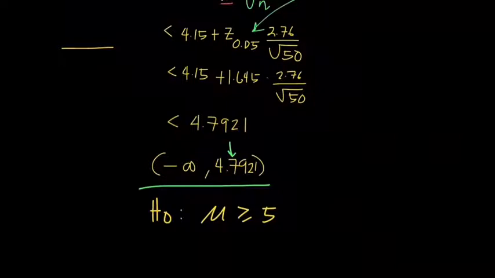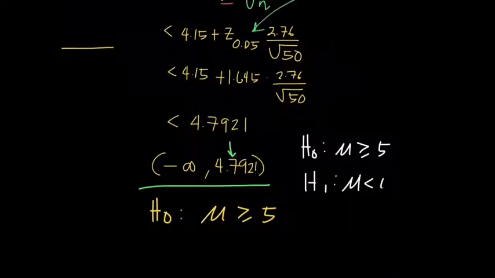Let me just pause here because I just want to emphasize that this is how you use the confidence interval if you are not going to use the hypothesis test to test a certain hypothesis. Now take note, in our null hypothesis, we said that mu is greater than or equal to 5 and the H1 to be mu is less than 5.